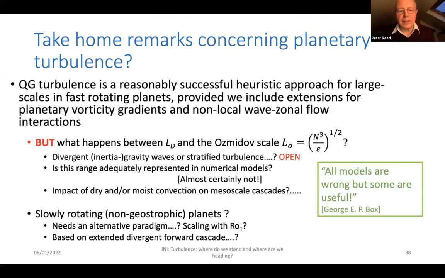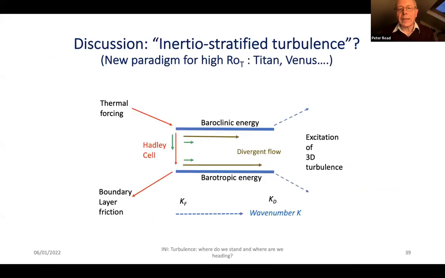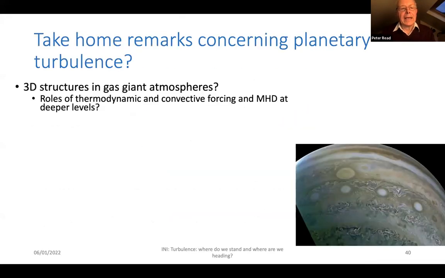But it's interesting to think in terms of how the properties scale with various parameters, particularly things like the thermal Rossby number. So in terms of the large-scale gas giant planets, there are all sorts of interesting questions here that I think are going to present us with all sorts of novel challenges.